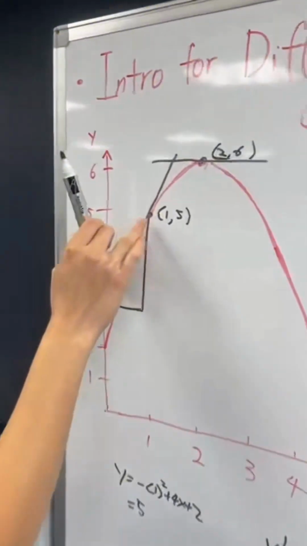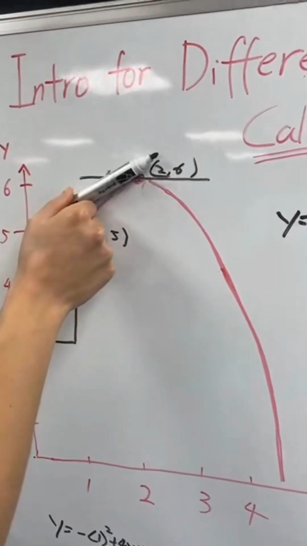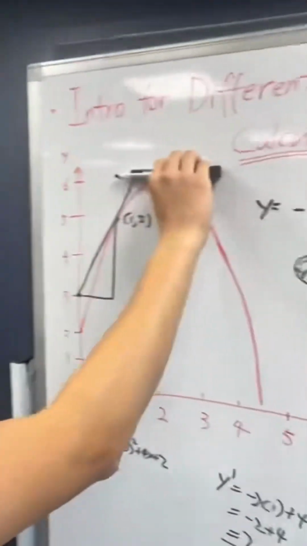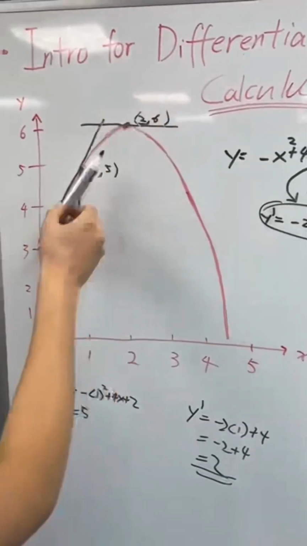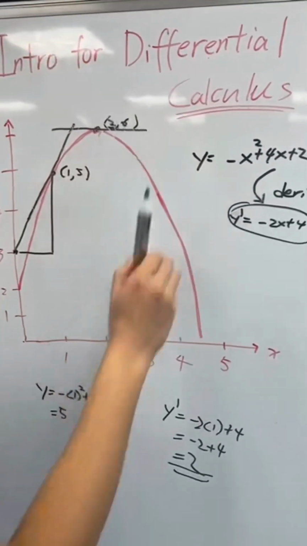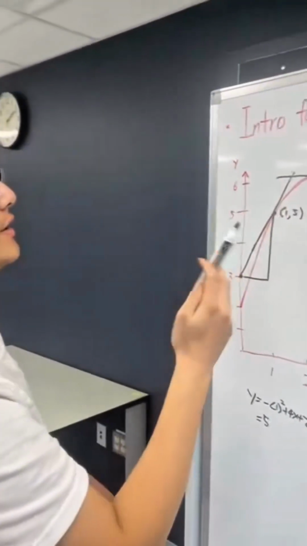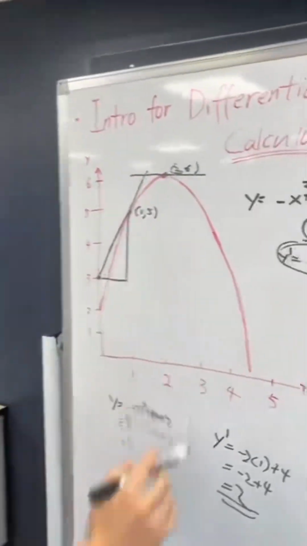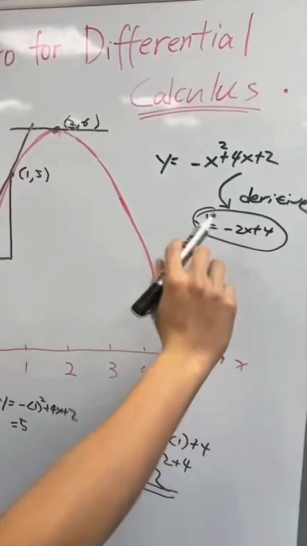On this point the slope is like that, and as it goes up, it gradually plateaus, and then the slope gradually decreases, whereas before it plateaus, the slope would be positive. Now it would be negative. But at the exact midpoint, the slope is actually equal to 0. And how I'm going to prove that is through, once again, subbing the x value into the equation for the derivative.